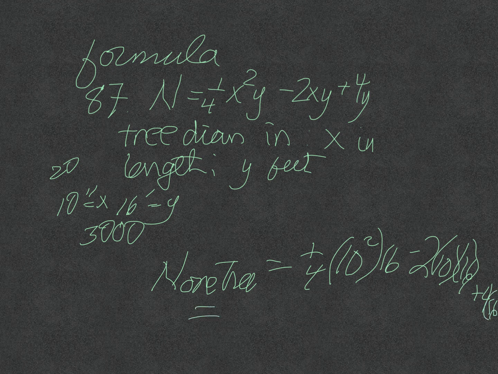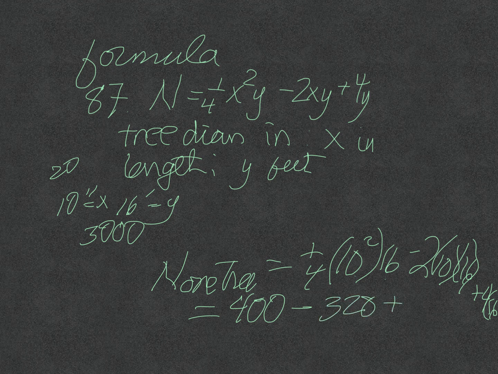And so I can figure that out. 10 squared is 100. 1/4 of that is 25. So 25 times 16 is 400. Minus 20 times 16, which is 320.